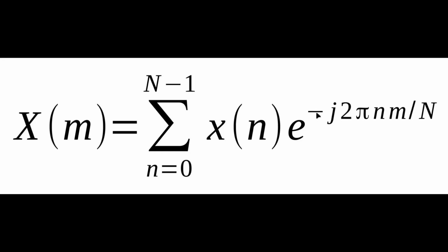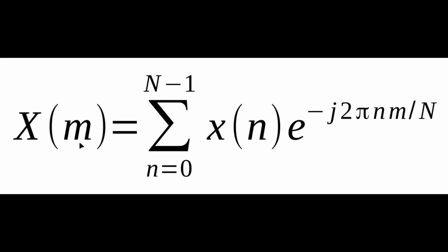And specifically, notice that there's a minus sign here. What that means is the sine is actually going to be a negative sine. So in other words, I am taking my signal, I am multiplying it by a cosine and a sine, and then I am doing a sum of all of those values. That gets me one value for every value of m. This m here represents the number of the frequency bin for the output of the FFT.